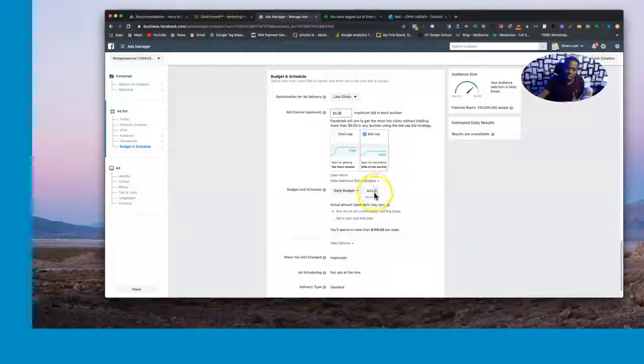If you're doing $10 a day and you say, well, I want each lead, I do not want it to be more than $5, that means you're going to get about 4 of them in a day, and you can easily look at your data and say, okay, so I get 4 leads and it cost me just $20 to get those 4 leads. That's just how simple it is. All right, if you still have questions, go ahead and send me a message below, and I'll be more than happy to help you.